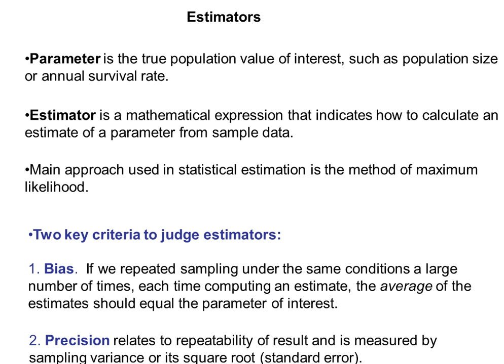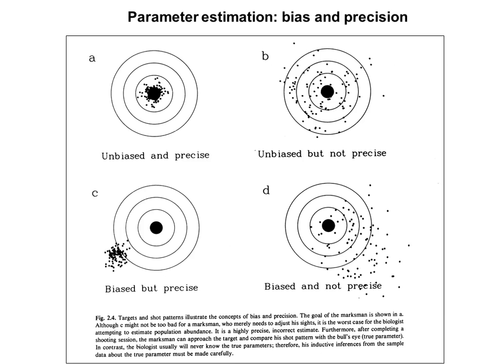The two criteria to judge are bias: if we repeated sampling under the same conditions a large number of times, and each time computed an estimate, the average of the estimates should equal the parameter of interest. And precision relates to the repeatability of a result and is measured by sampling variance or its square root to find the standard error.